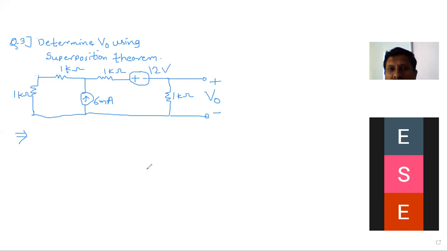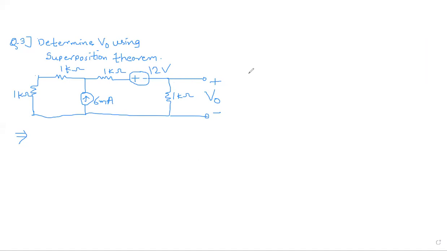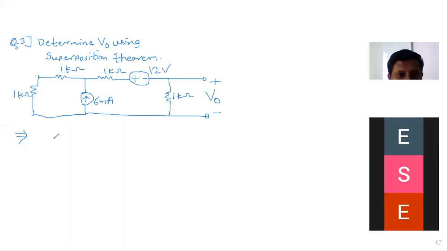So what we have to check? How to start now? Please reply fast. What to do now? First of all, find out the independent sources.